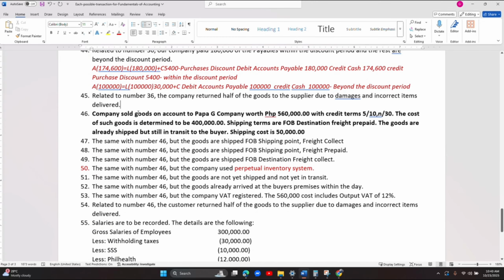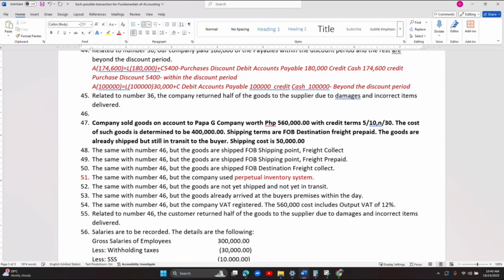Let's just analyze. The company returned half of the goods to the supplier due to damages and incorrect items delivered. So that's number 45. What will happen if that's the case?